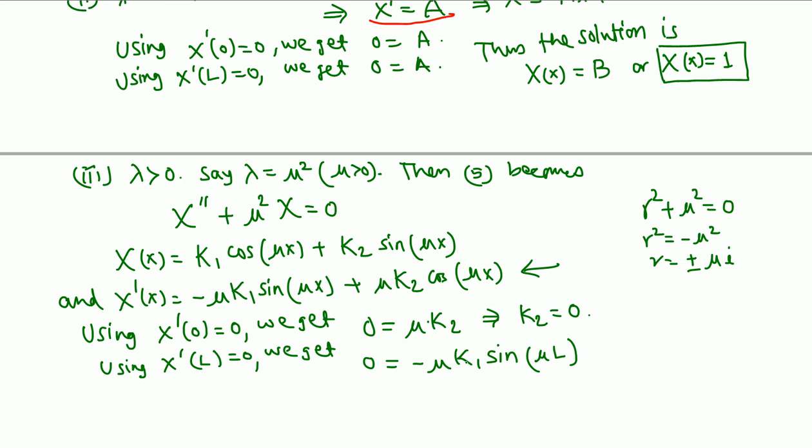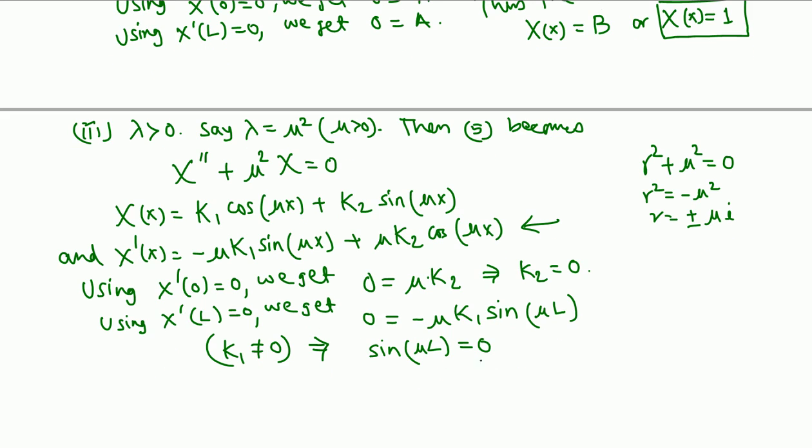Okay, if we take k1 to be 0, then we get the trivial solution, but note that sine is 0 at certain points, so we are saying now mu positive is not 0, and now we want to make k1 not 0. Okay, let's make k1 not 0. That forces us to take sine mu L equals 0, and this is true in some cases.